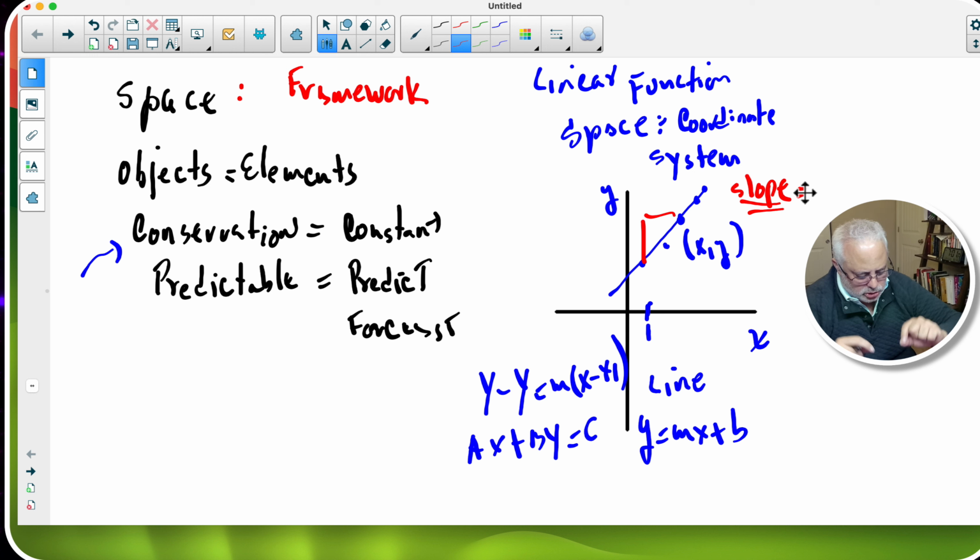So if you introduce numbers as constants with that property of conservation, then the students can understand that the slope is also a number. Of course, it's going to have the same property. The slope is constant. It will conserve its value along the line.